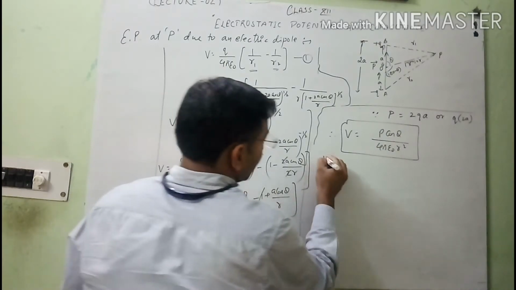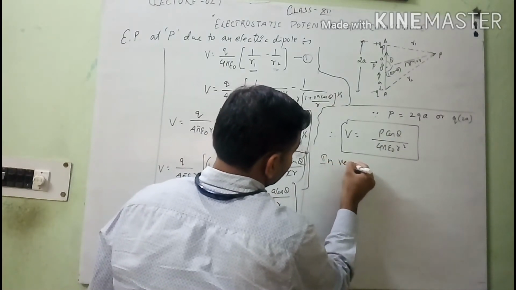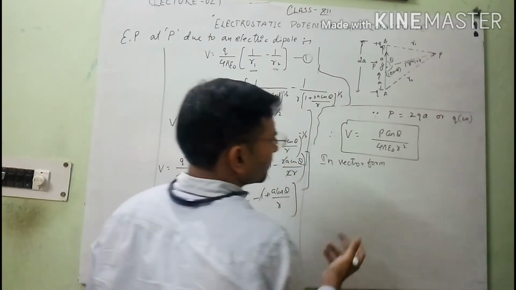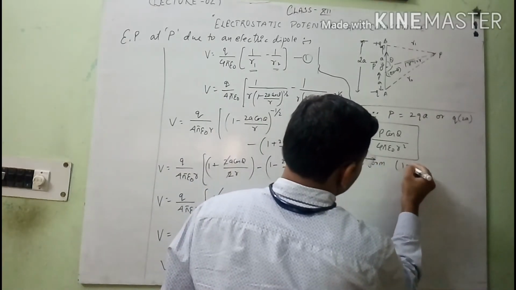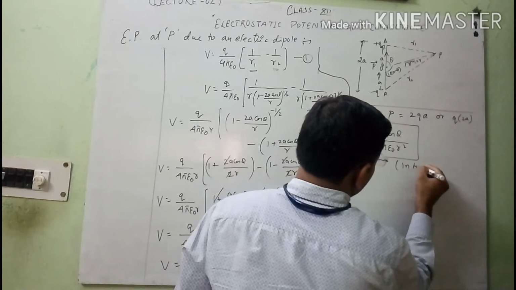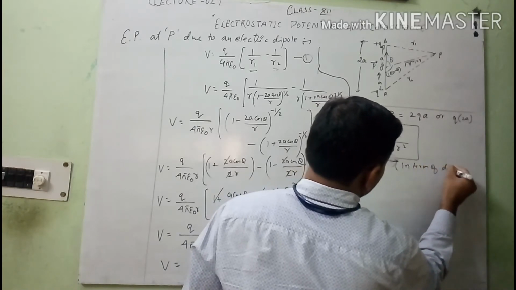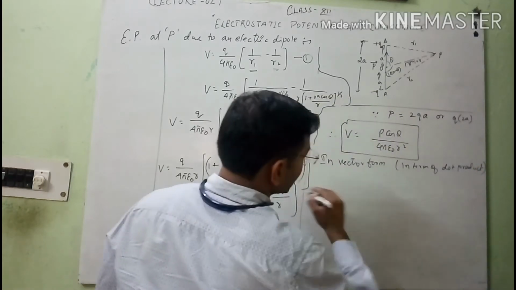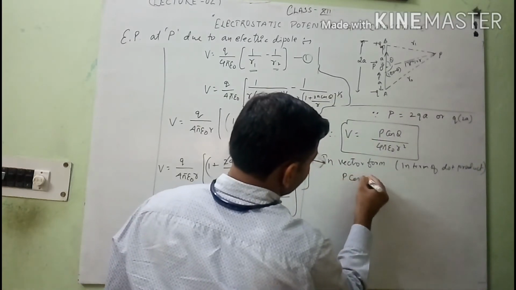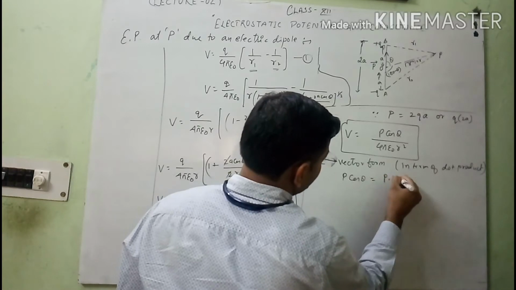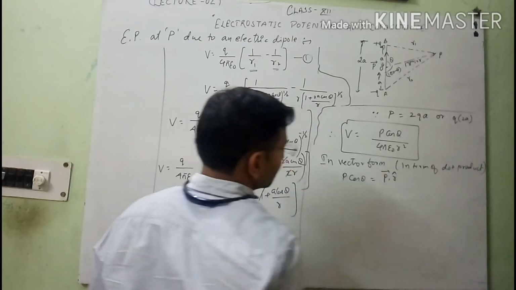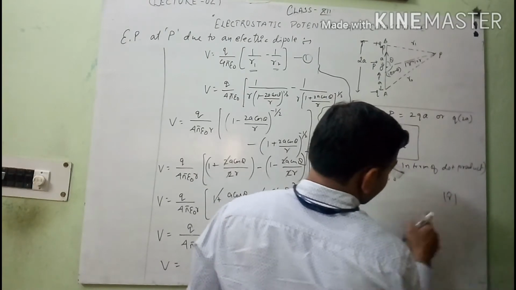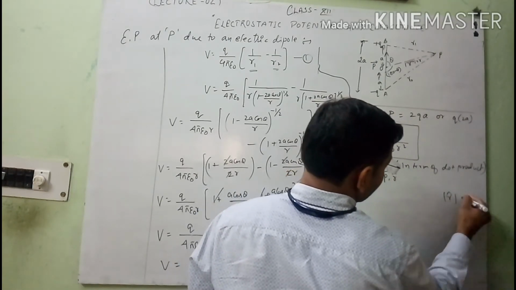See here, in vector form, if you want to write this equation in terms of dot product, you can write P cos theta as P dot r cap, meaning vector P dot r cap. Why? Because the magnitude of the r unit vector, r cap, is equal to 1.